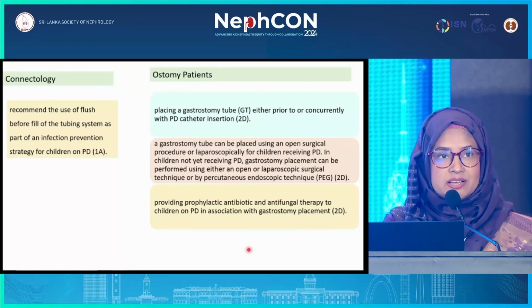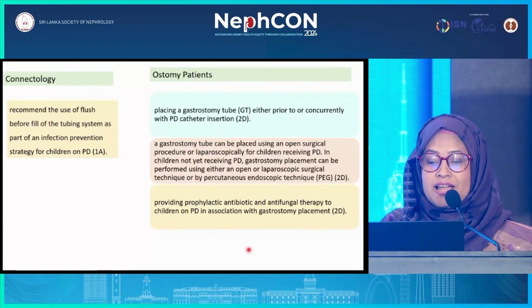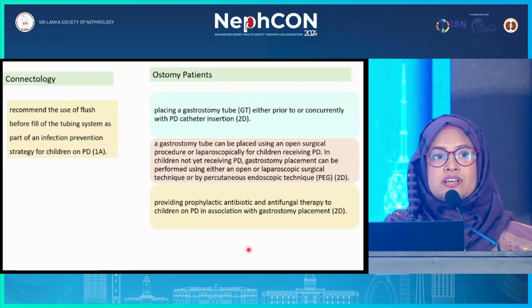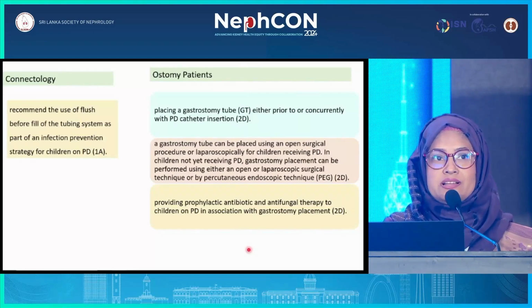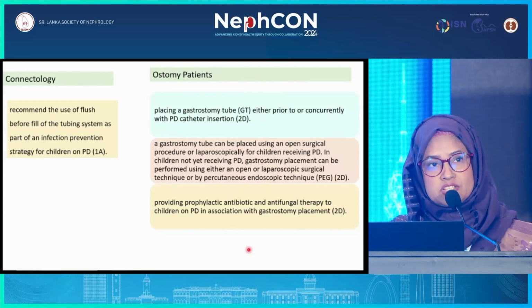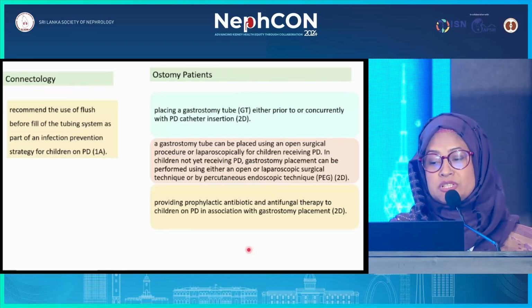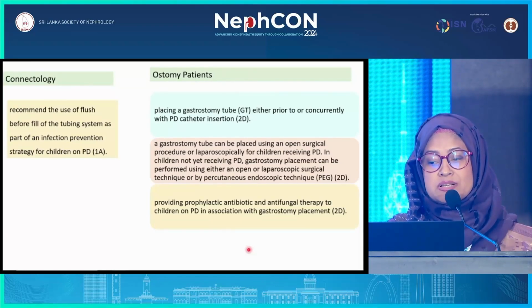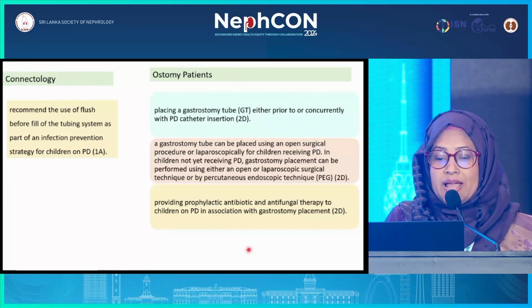The IPPN database suggests that catheter loss and high risk of infection are associated with gastrostomy tube placement, whereas the SCOPE trial differs a little. It is not the gastrostomy tube itself, it is the timing and technique of placement of the gastrostomy tube that determines the risk of peritonitis.